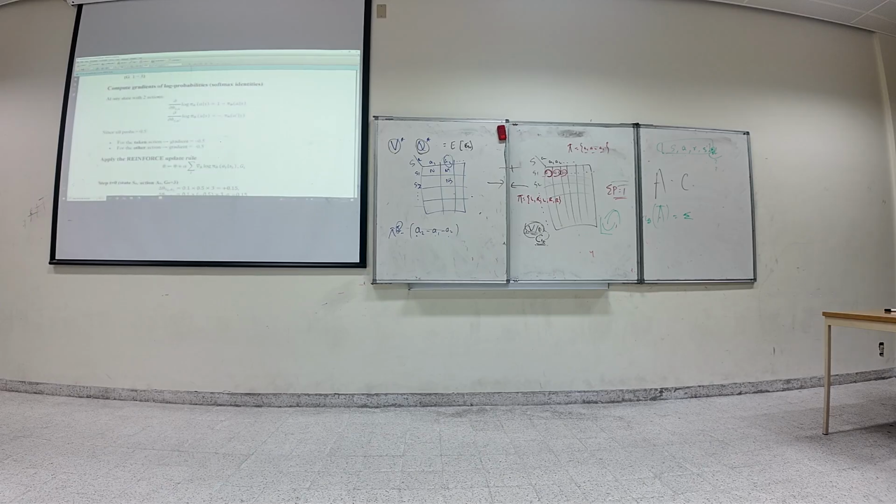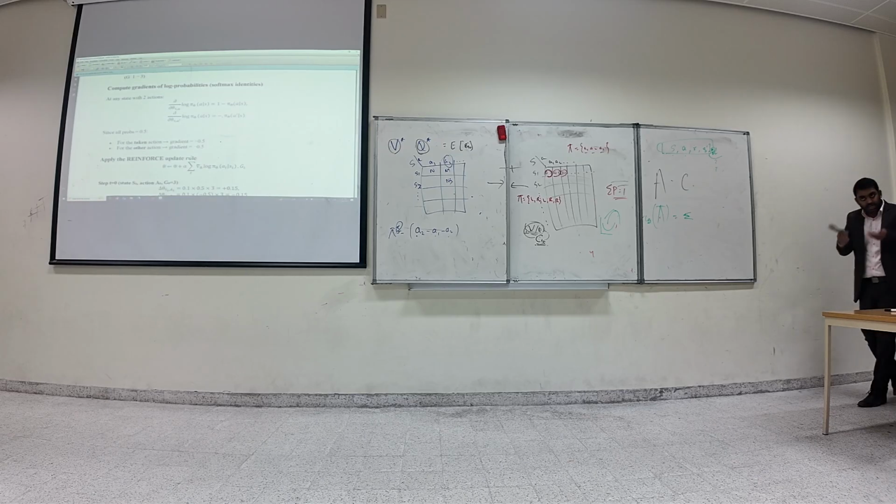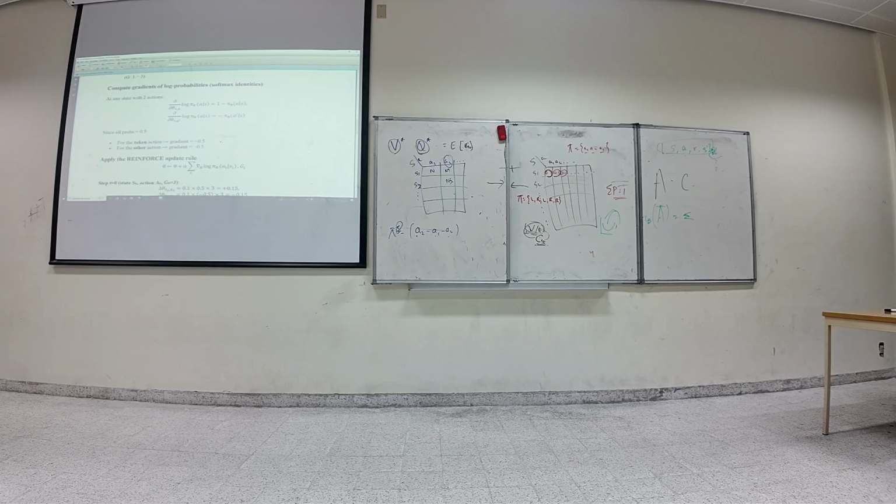What was the probability of taking A1 in S1? 50%, right? So 1 minus 0.5. For the second one, what's the probability of taking A2 in S1? Again, it's 50%, but here you have a minus sign preceding it, so it is minus 0.5. So now your derivatives, that is the gradients, are plus 0.5 and minus 0.5.